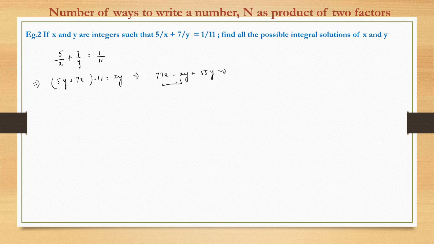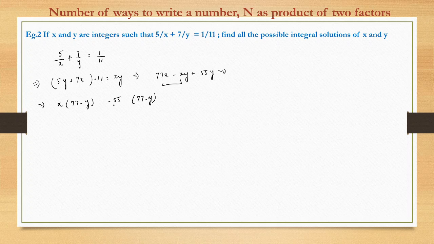Now between these two terms, we will take x common. It becomes x times 77 minus y. Again we do the same thing which we did in the previous example. I mean, to get the same factor 77 minus y, see, y has a component of 55, so we will multiply this with minus 55, so that minus 55 into minus y becomes plus 55y.